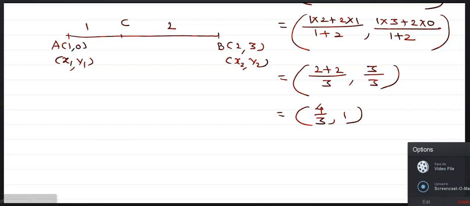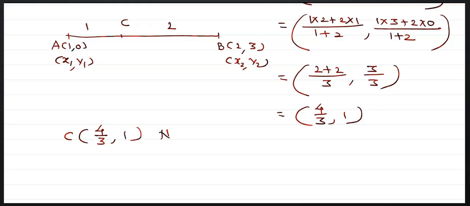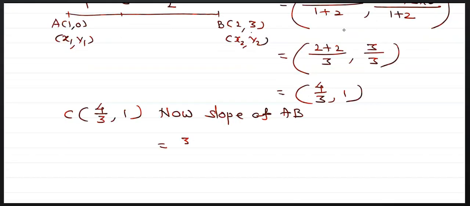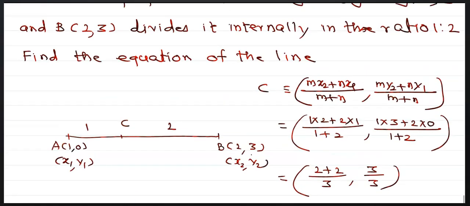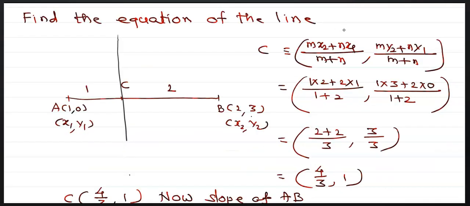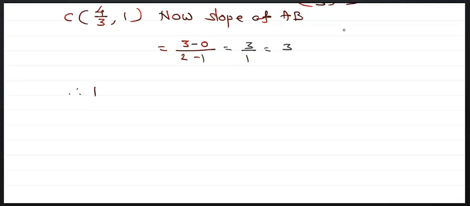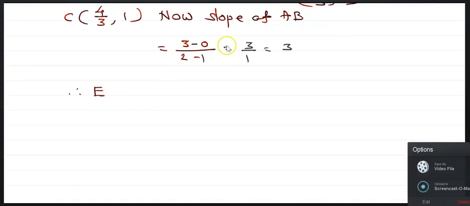Now the required line passes through the point C and is perpendicular to AB. Therefore, the slope of AB is (3 minus 0) upon (2 minus 1), which is 3 upon 1, that is equal to 3.